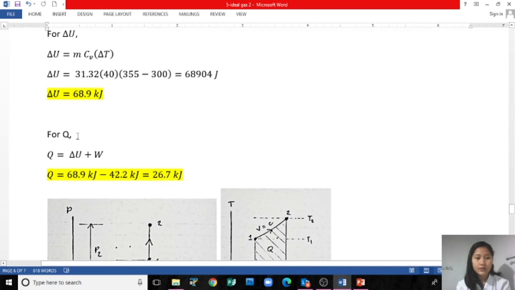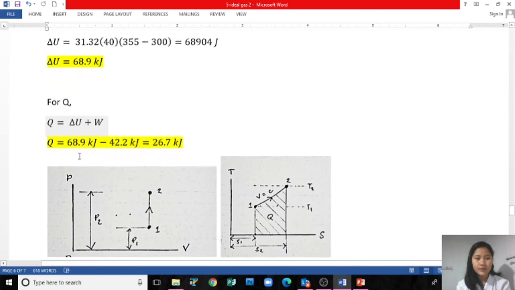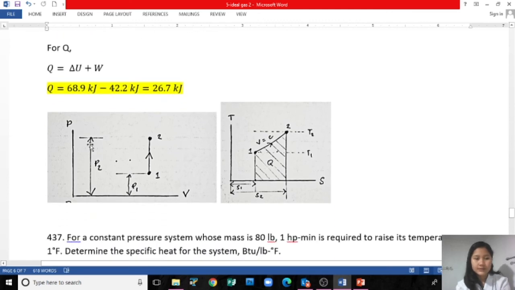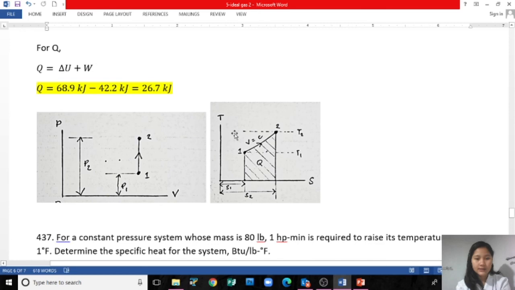And for the Q, the formula for Q is equal to delta U plus the W or the work input. So substituting all the given to the equation, Q is therefore equal to 26.7 kilojoules. Now this is the PV and the TS planes for this problem.